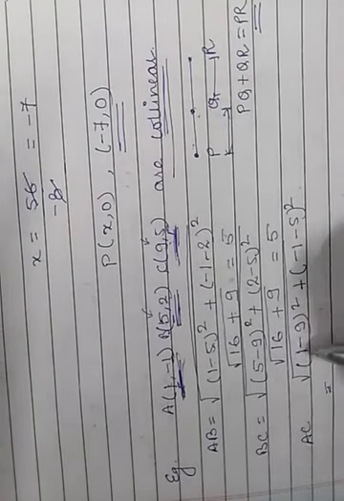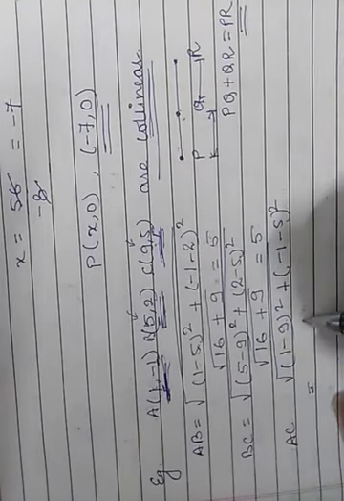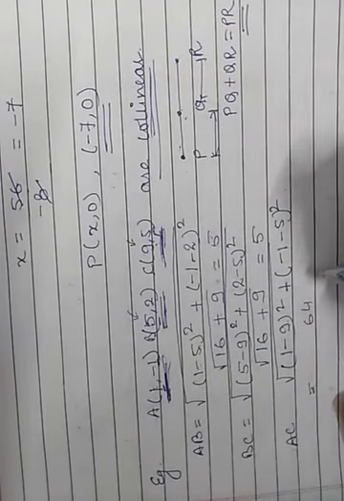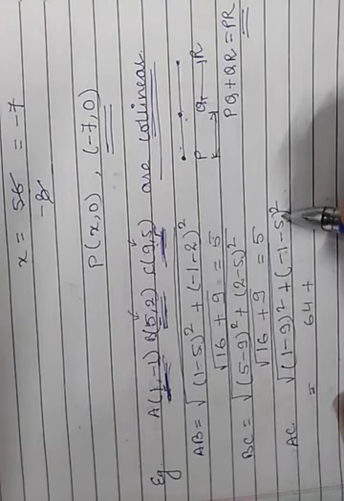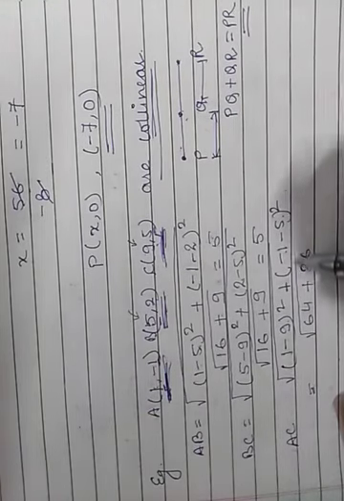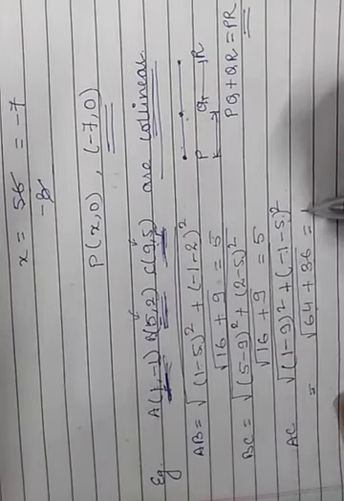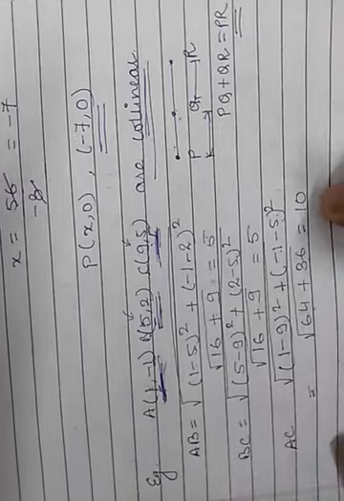Now 1 minus 9 is minus 8 and the square of minus 8 is 64. Minus 1 and minus 5 is minus 6 and the square of minus 6 is 36. If we add them, it becomes root 100. The square root of 100 is equal to 10.